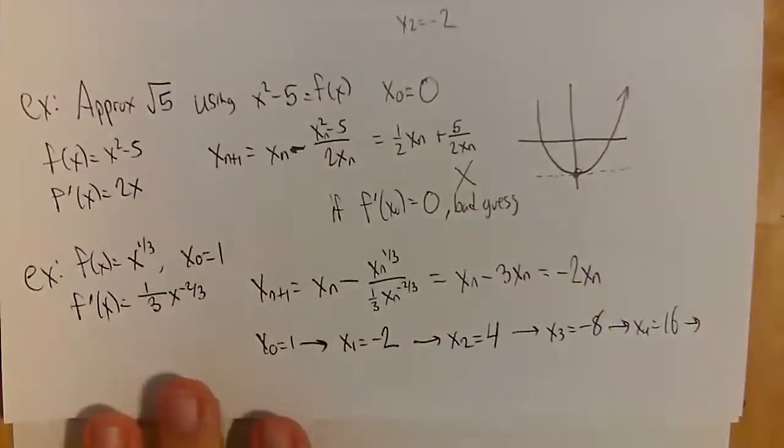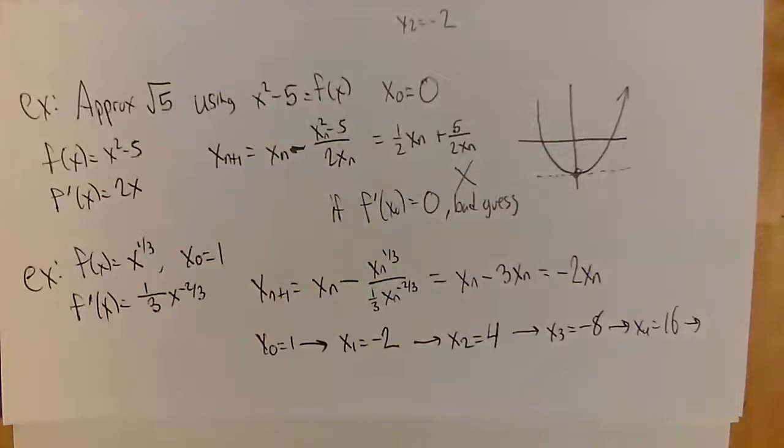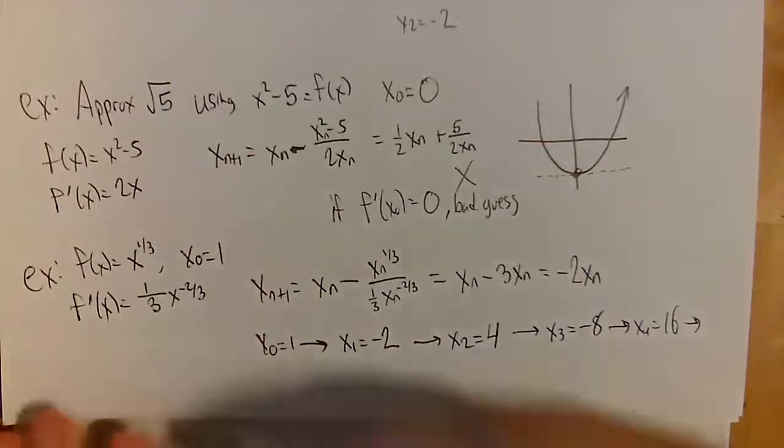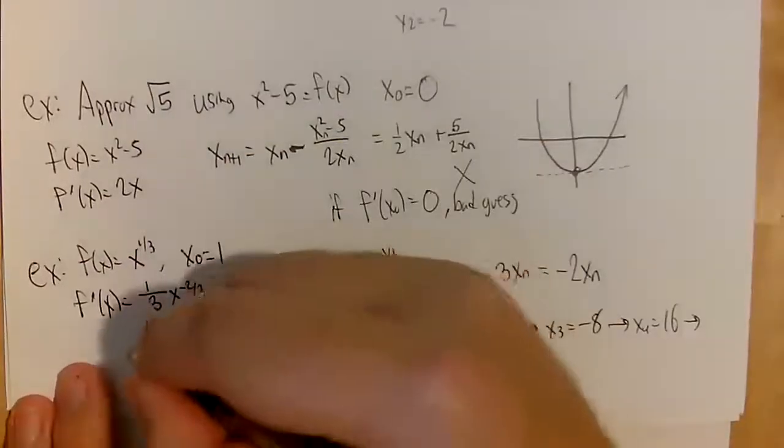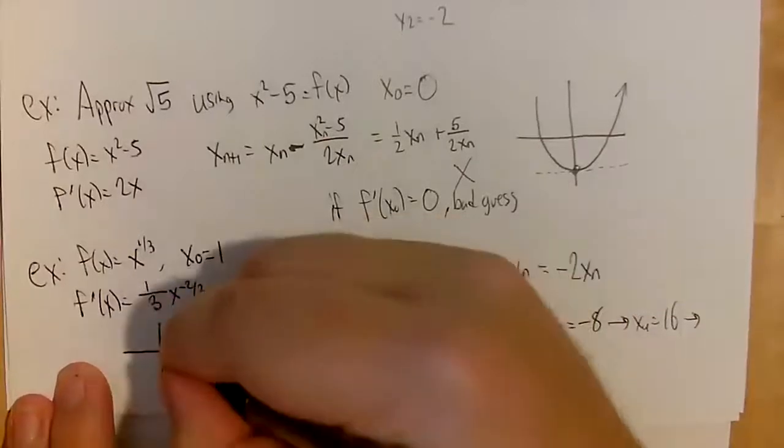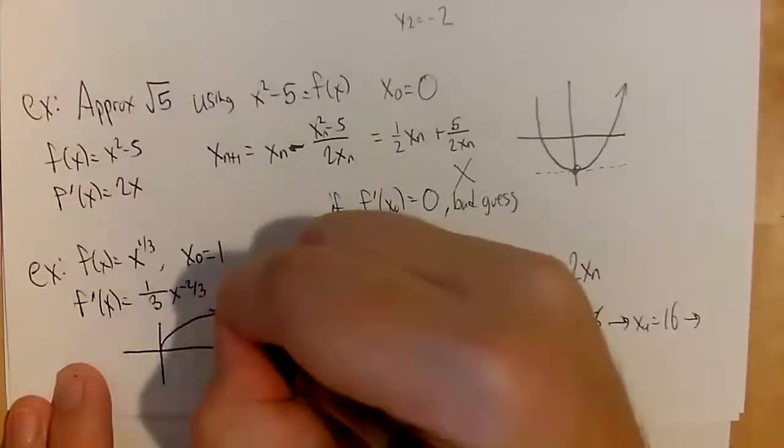And I think you can see that this clearly isn't converging to 0. In fact, this is getting further away from 0 on every iteration here. So this is an instance where Newton's method will also not produce something meaningful. Now, one reason why this might be is that if we look at the graph of the cube root of x, it looks something like this.